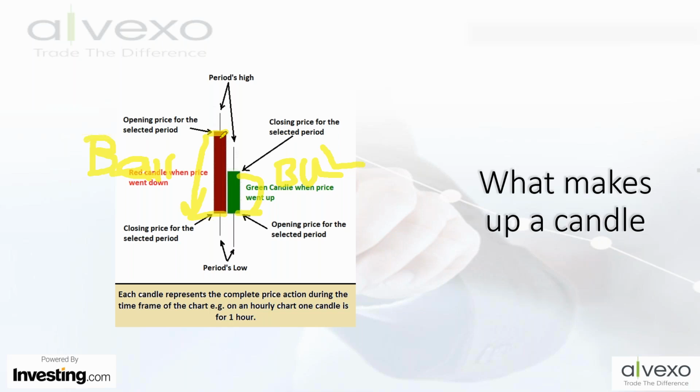Today we could call them 3 green soldiers and 3 red crows, but you don't change the names. And a lot of times you're looking at examples, you're reading literature, and they'll talk about black and white candles. So just remember, it doesn't really matter. You can use orange and pink if you want. As long as you know which one represents bullish and which one represents bearish, you're perfectly fine.